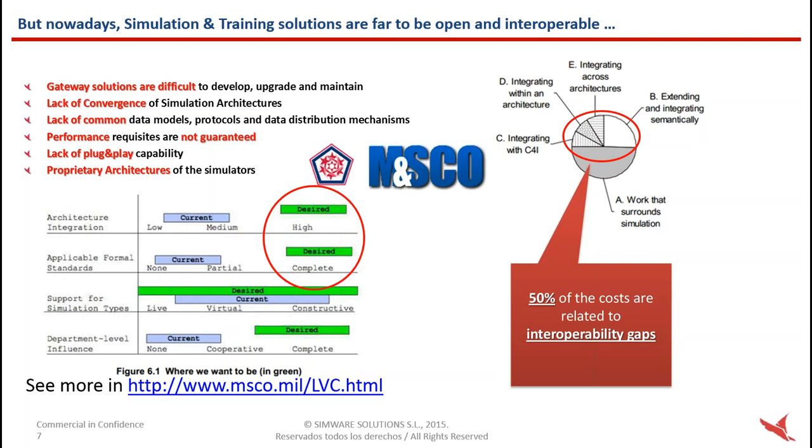As a consequence, we are not getting the performance and capabilities that we should have when we put all the simulators in the network. Because of that, one of the recommendations they made was to advance the development of integrated architecture and new standards that could support it.